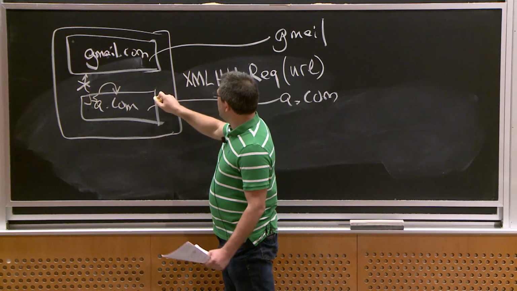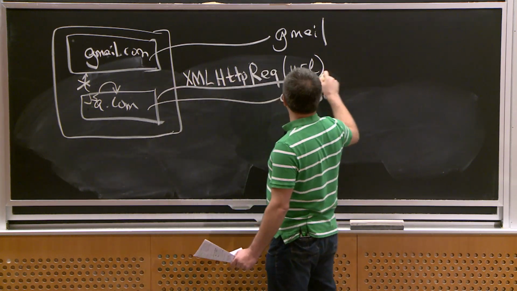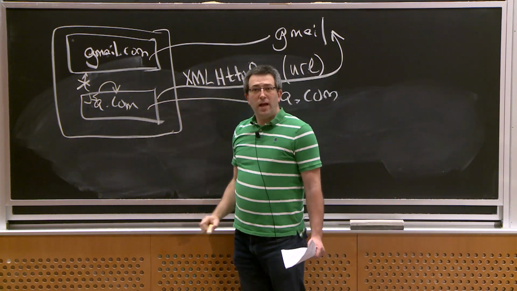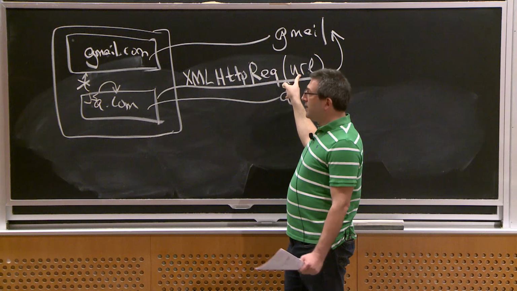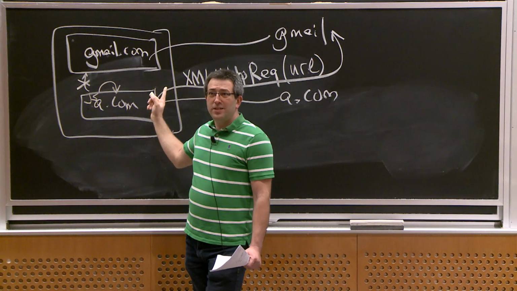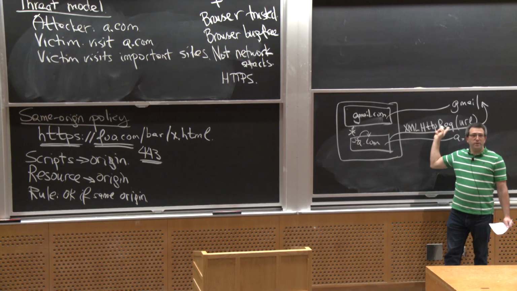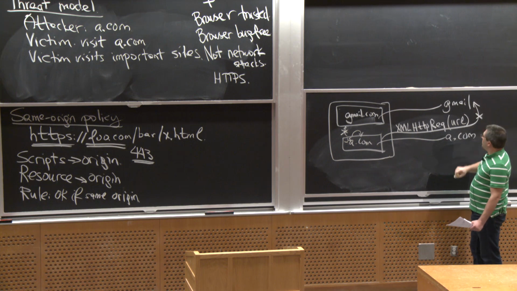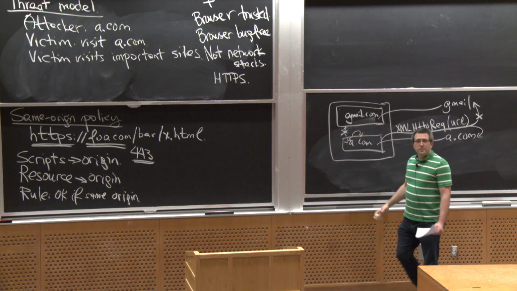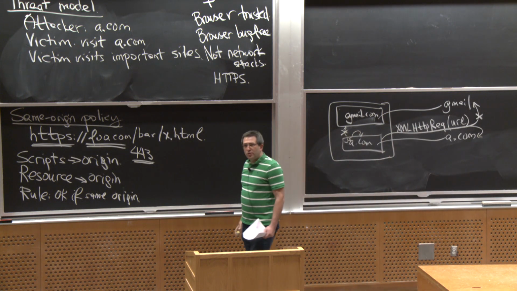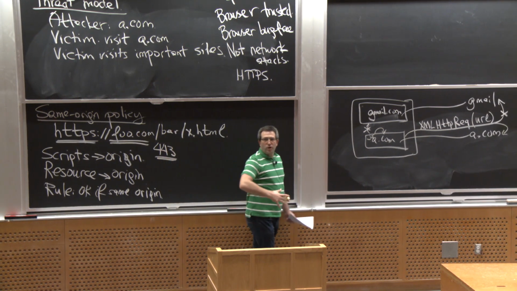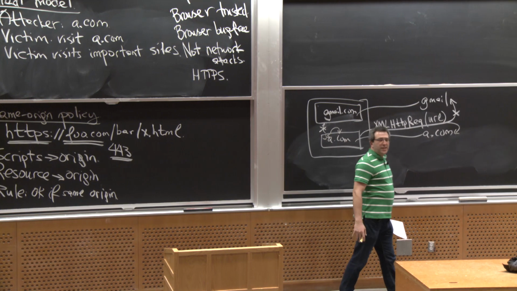So if a.com does this, it could try to ask the browser to fetch gmail.com, let's say. That is a.com asking to fetch this URL. And the cool thing is, a URL can be translated to an origin by those rules. So the browser can look at this request and say, that's ridiculous. You're a.com, you're trying to fetch this URL from gmail.com. Again, not allowed, but fetches to URLs from a.com would be OK. So that's how the same origin policy is getting applied in the browser. Everything is about which origin you are part of, both from the code you're running and the resource you're trying to access.